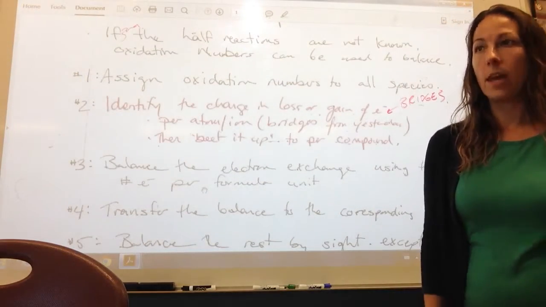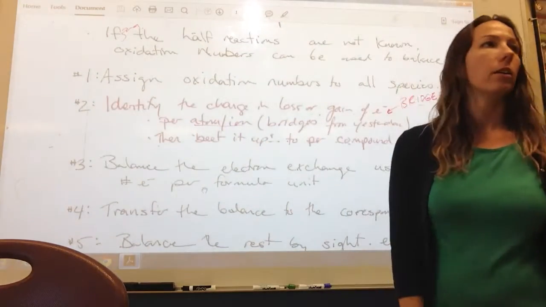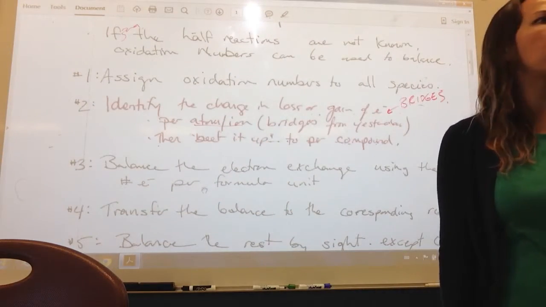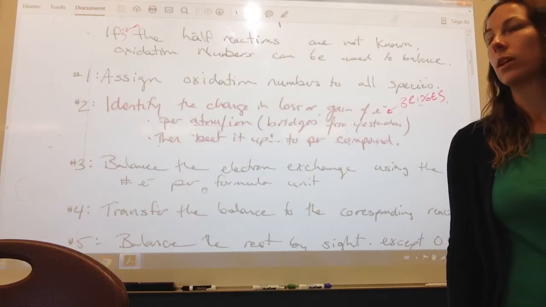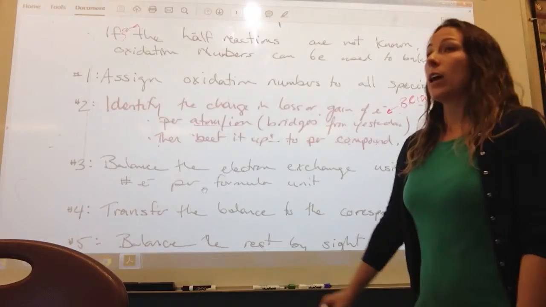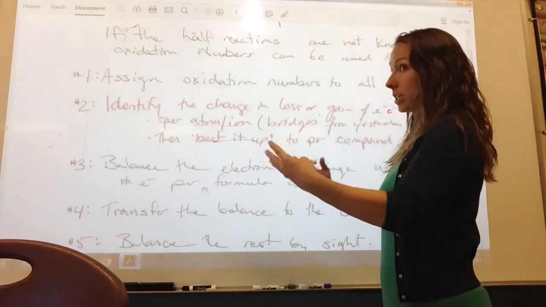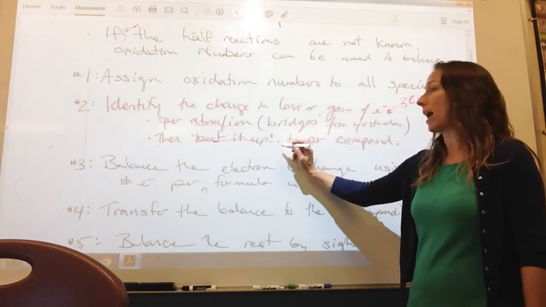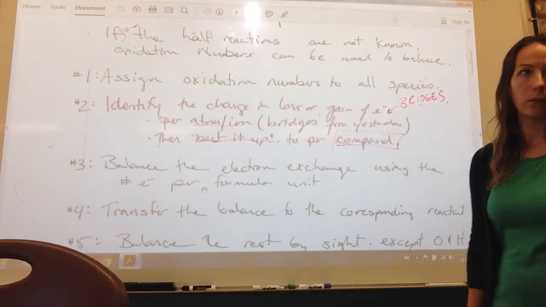And the bridges told you per atom or ion. So in other words, the Cl only gained 1 electron each per atom. And then we need to expand it, so that it's not just per atom, but rather per compound or molecule or whatever.